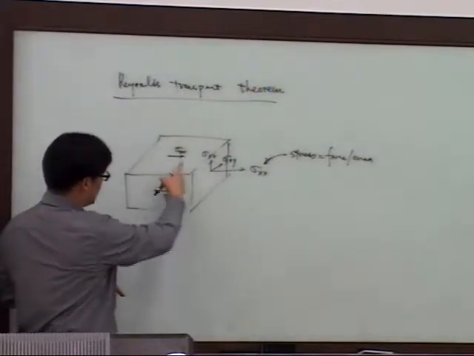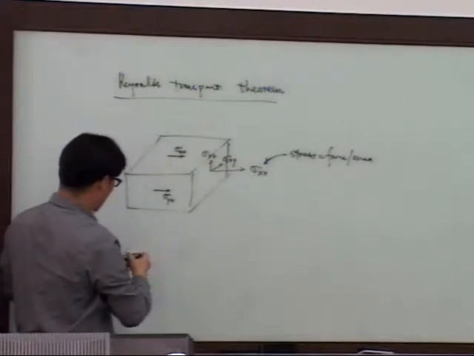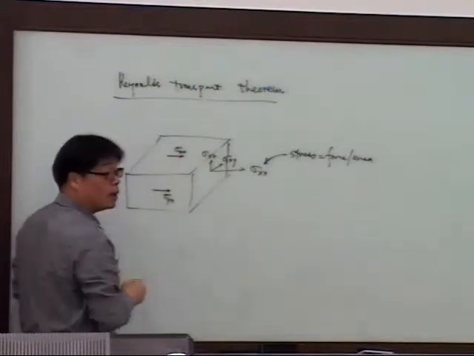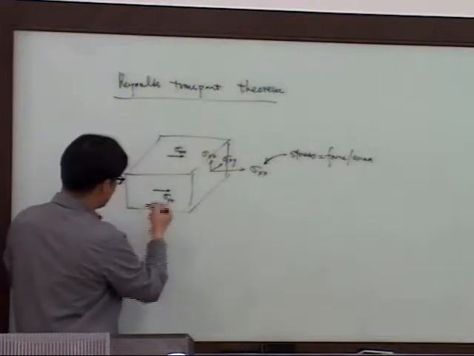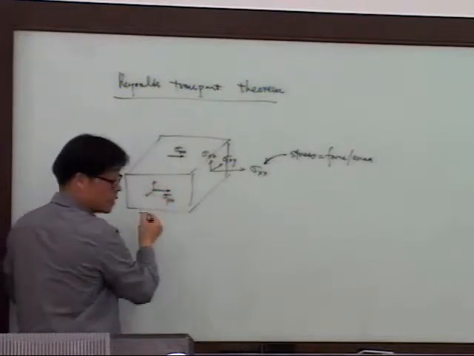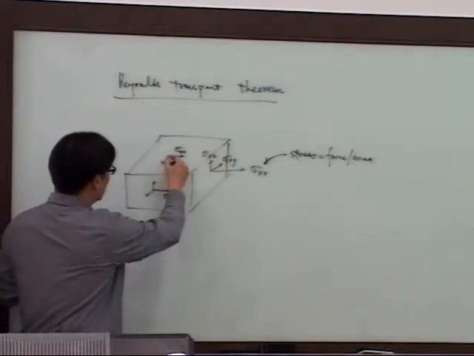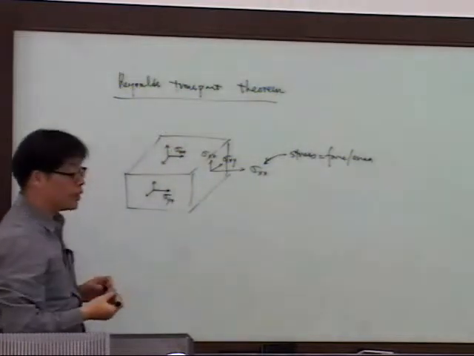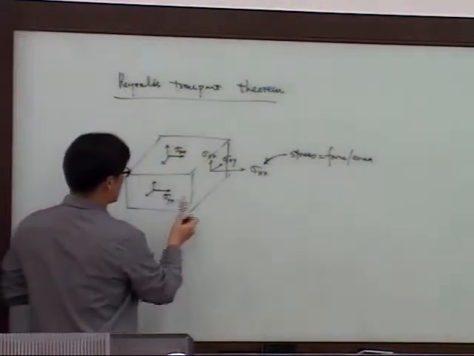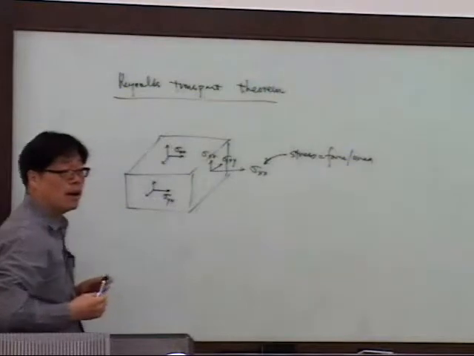So that's how I give these names. Of course, there are other forces right here and here as well. But if you're interested in only the x component, what I have to look at is this guy, this guy, this guy. Okay?